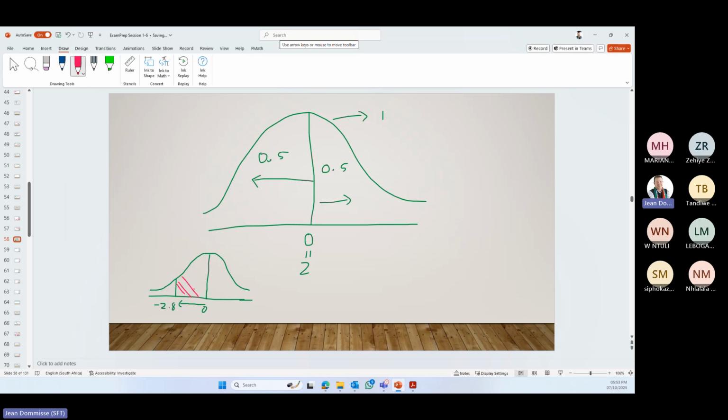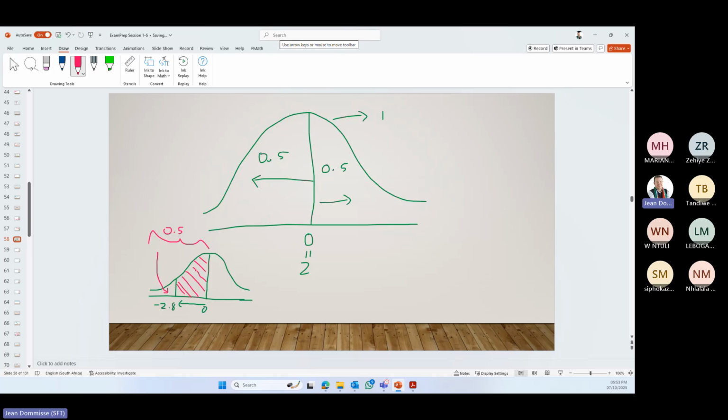That is what my final answer needs to be. We know that this whole area is 0.5. So I can say 0.5 minus whatever this small area is will be my answer.